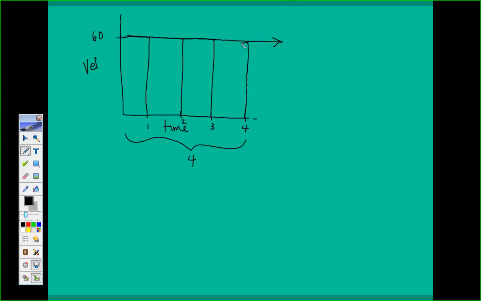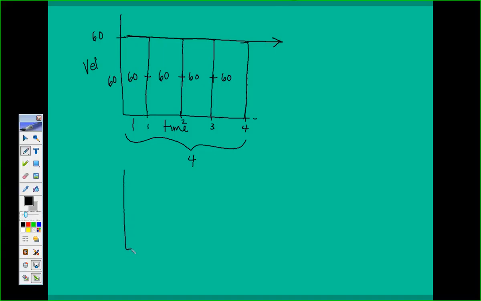The width of each rectangle would be 1, and the height of each rectangle would be 60. So this would be 60 plus 60 plus 60 plus 60. That would give us our total area under the curve, which would be 240 miles traveled.